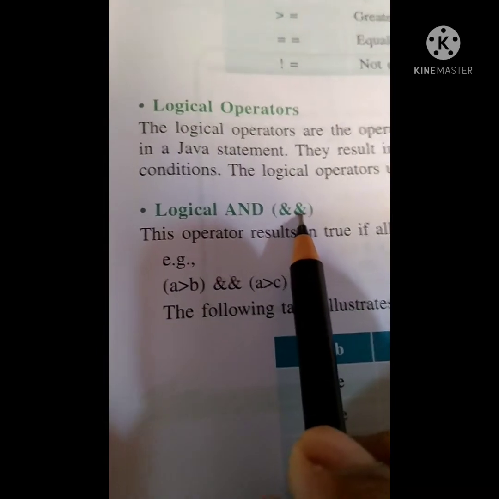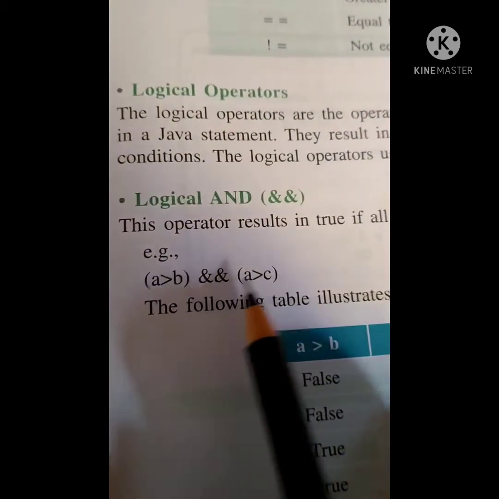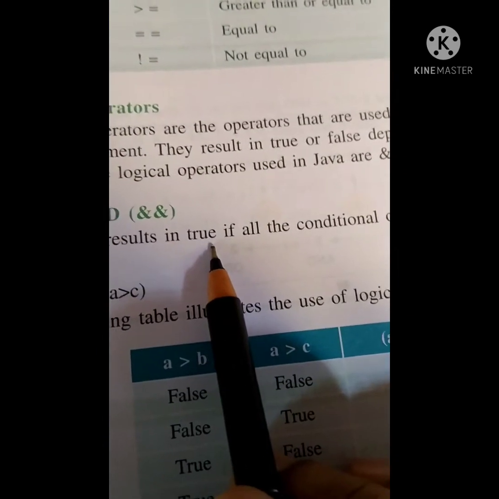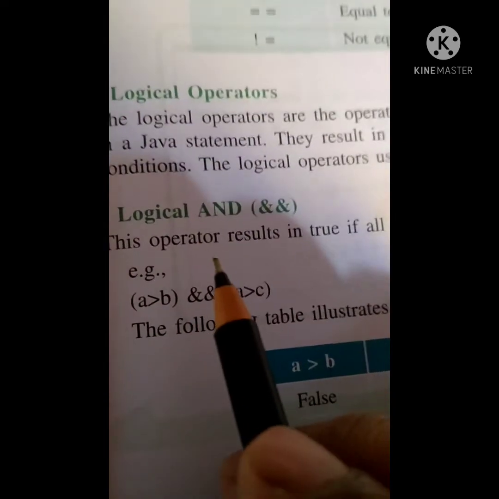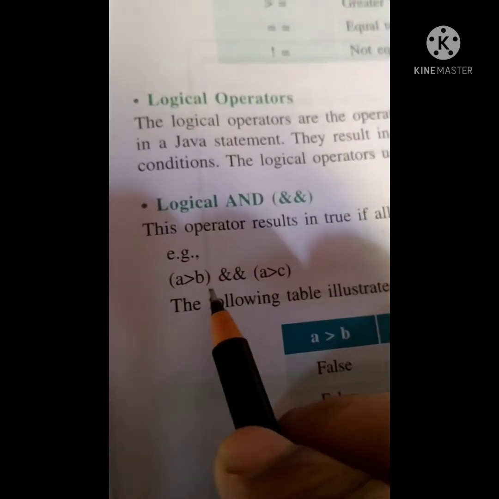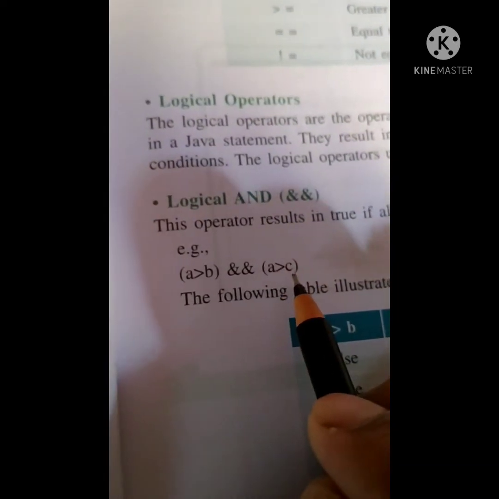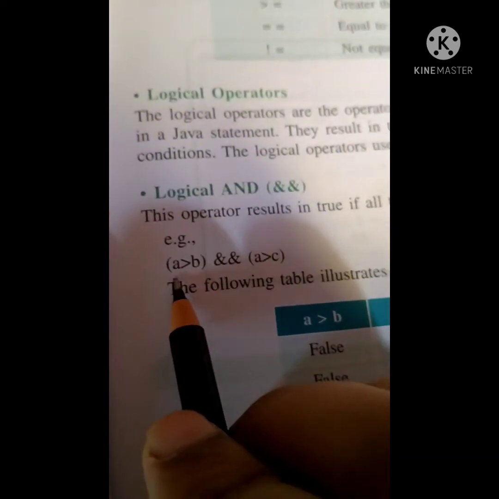Logical AND: when we use this operator, the result is true if all the condition operands associated with it are true. It means if A is greater than B and A is greater than C, then only the result will be true.